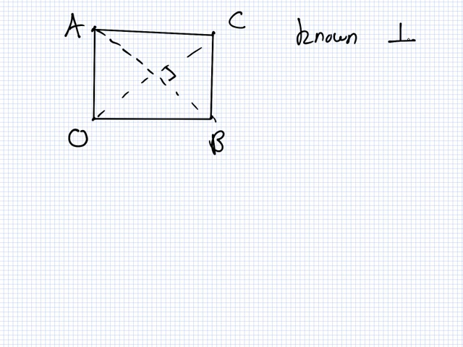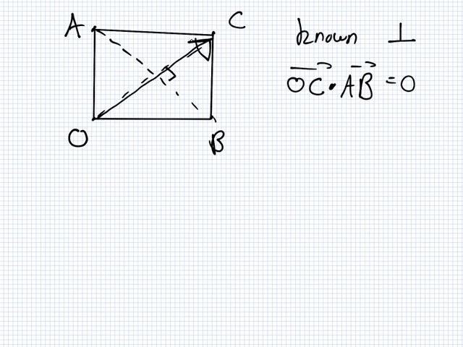Dot product, equals 0. Dot what? OC dot AB or BA must be 0. Now, let's have a look at this first one here, OC. I want to write that as a sum of two vectors. What two vectors add together to make OC?